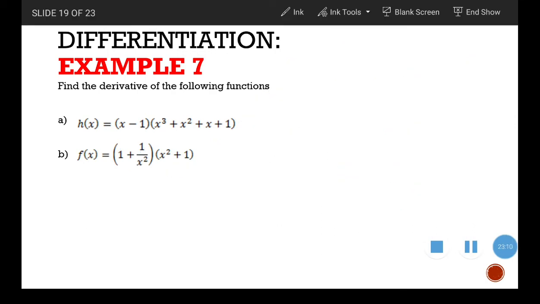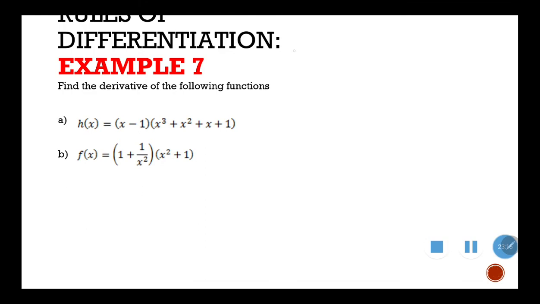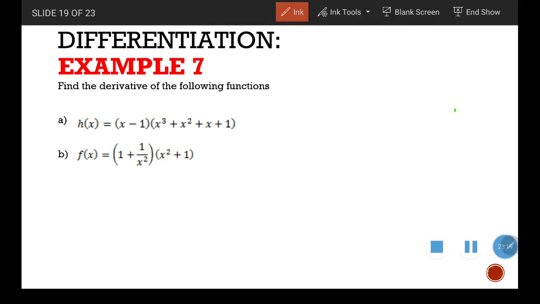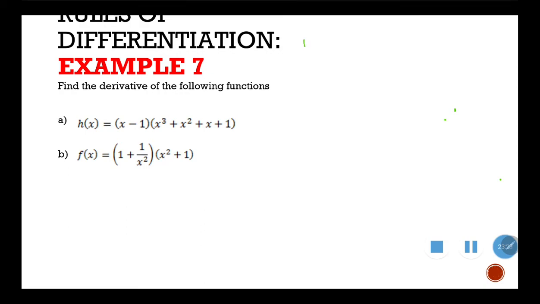Okay, so now the question is not here, but I want to give you the example. The question is y equals 4s cubed minus 8s squared plus 4s over 4s.